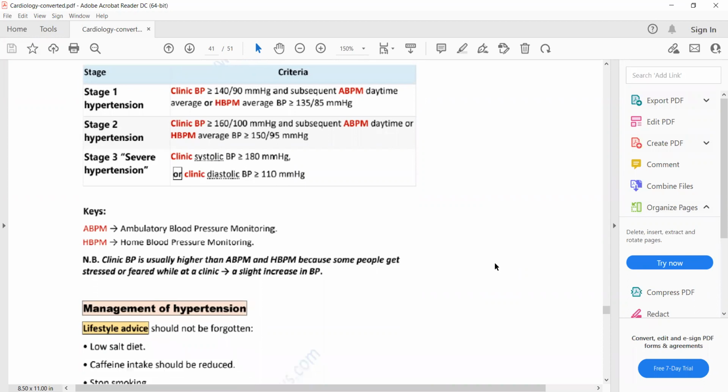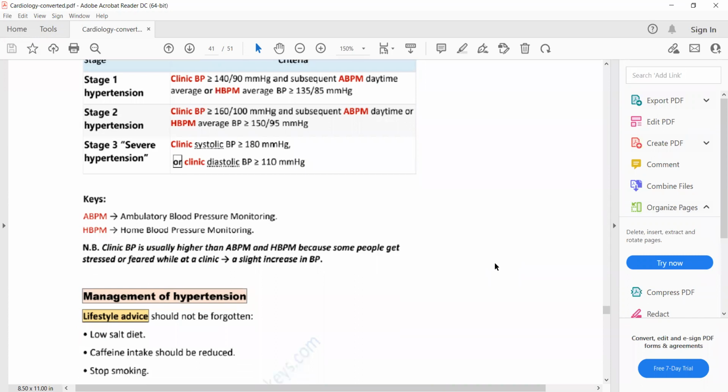Stage 2 is clinic BP of 160 over 100. And stage 3 is clinic BP of more than 180. So simple, a clinic blood pressure of more than 180 is stage 3 hypertension.